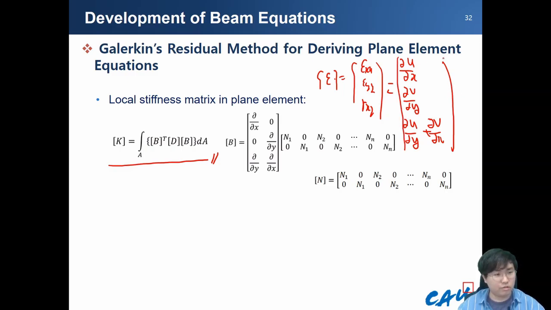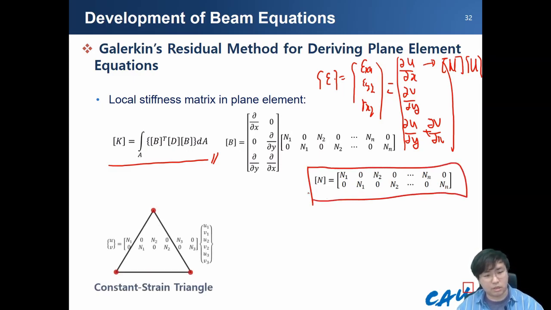These u values can be related through the shape function to the u values, so the B matrix can be written like this. And in here, these are the shape functions.